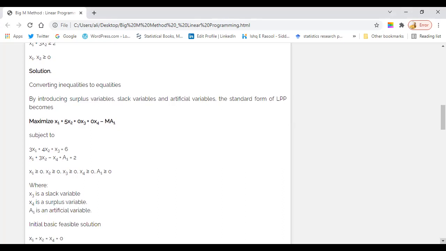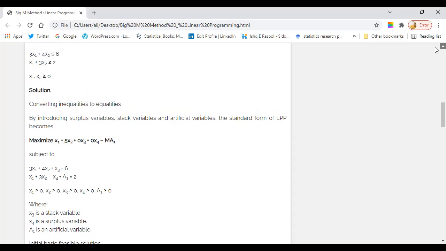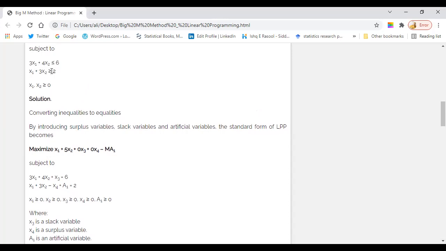Subject to the constraints 3x1 plus 4x2 plus x3, which is our slack variable, is equal to 6, and x1 plus 3x2 minus x4 plus the artificial variable A1 is equal to 2. Because the inequality was of the greater than or equal to form, we introduce the minus surplus variable.